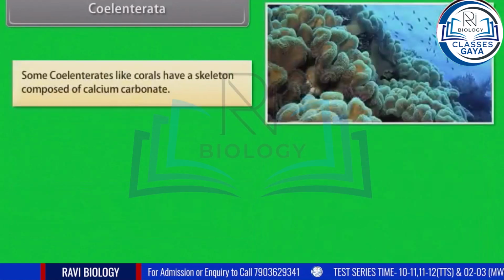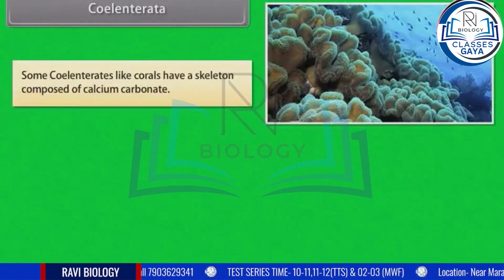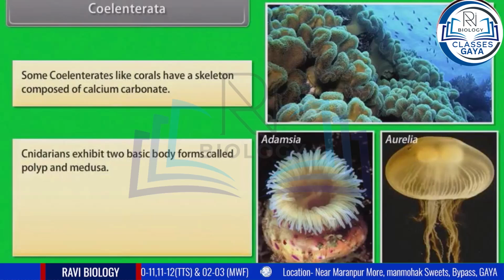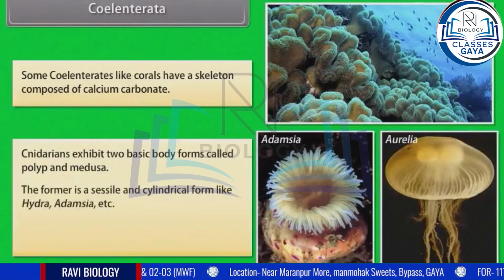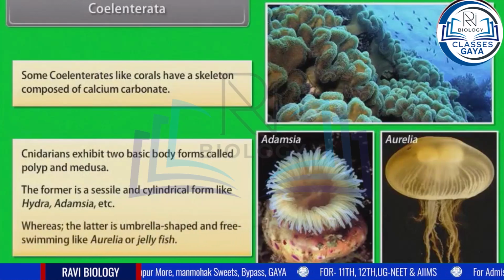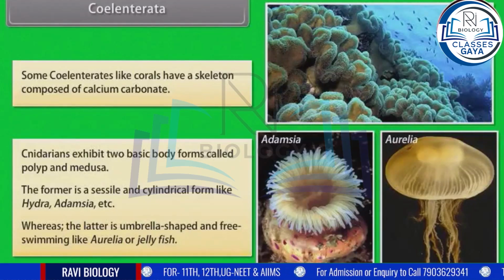Some coelenterates, like corals, have a skeleton composed of calcium carbonate. Cnidarians exhibit 2 basic body forms called polyp and medusa. The former is a sessile and cylindrical form like Hydra, Adamsia, etc., whereas the latter is umbrella-shaped and free-swimming like Aurelia or jellyfish.